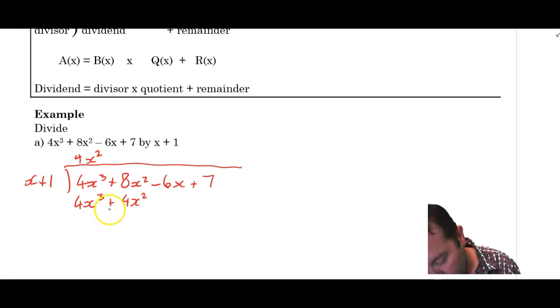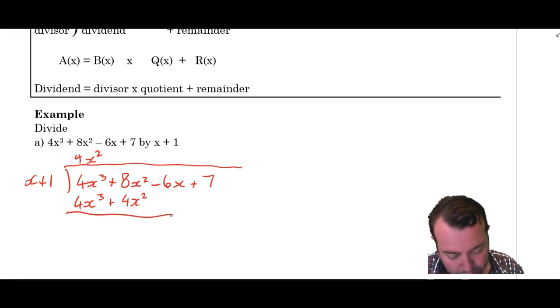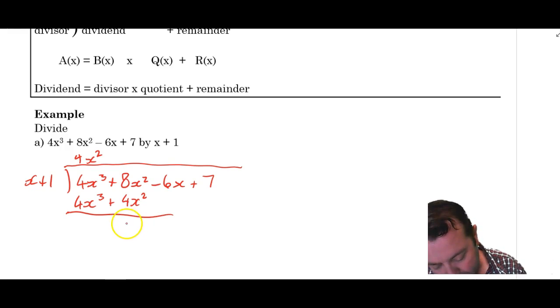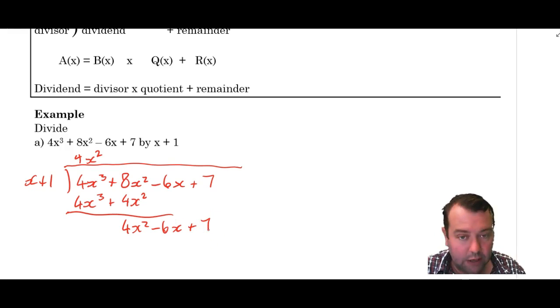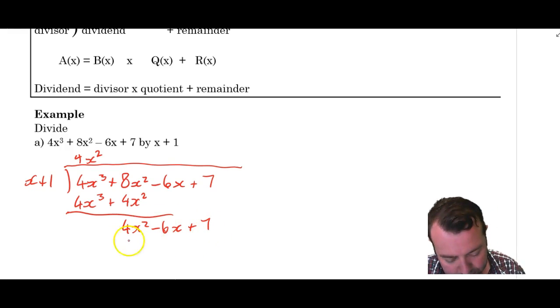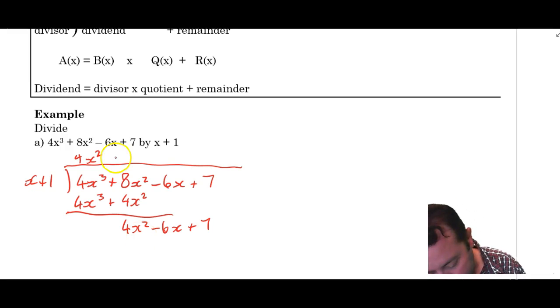Write that down here, rule a line underneath, and subtract one from the other. So they cancel out: 4x cubed minus 4x cubed is 0, but 8x squared minus 4x squared is 4x squared. We'll bring the rest down, minus 6x plus 7. Now we treat this as my dividend. x plus 1 into this, so x goes into 4x squared 4x times.